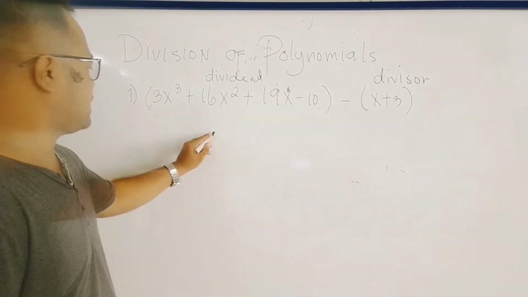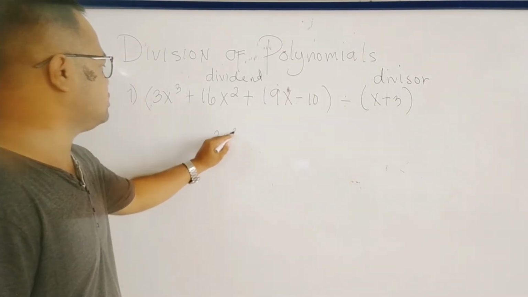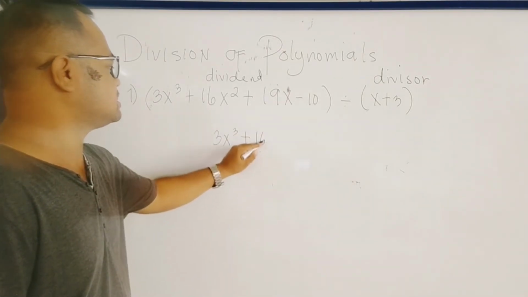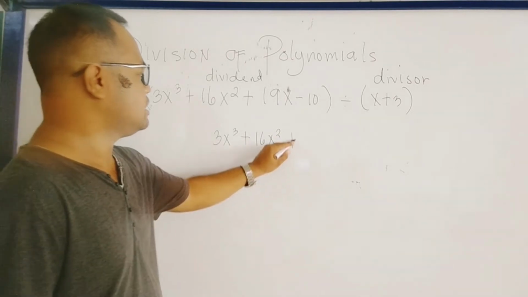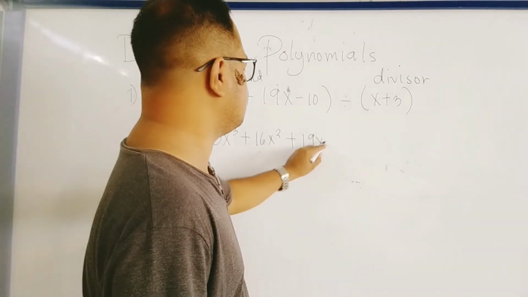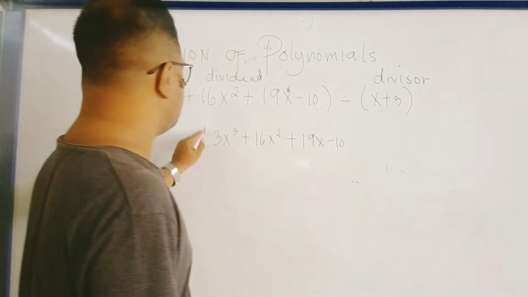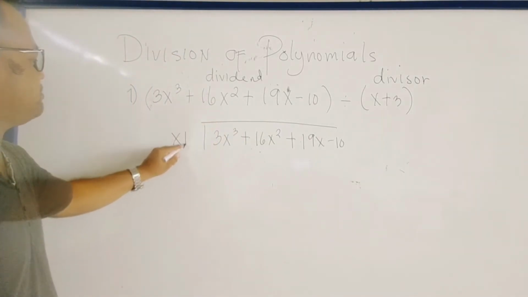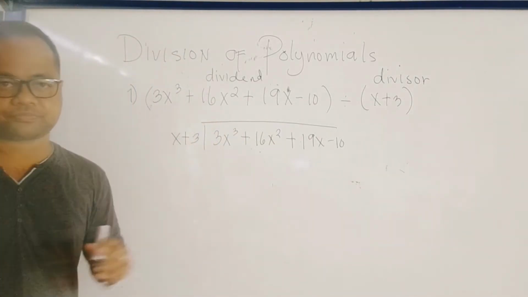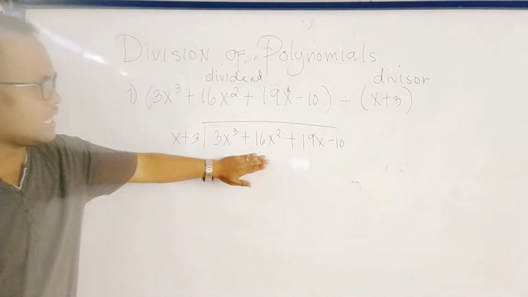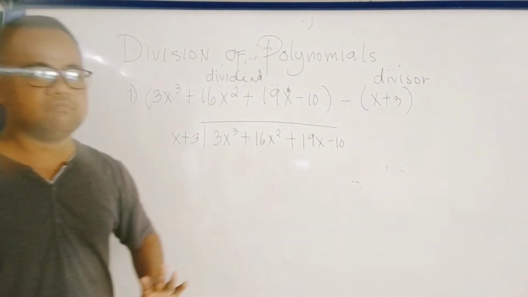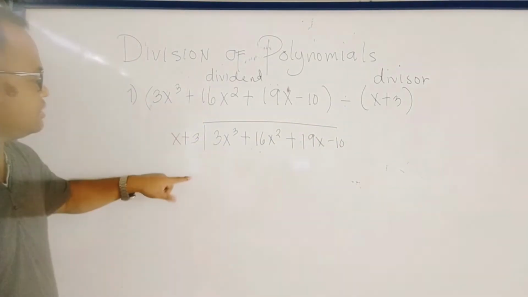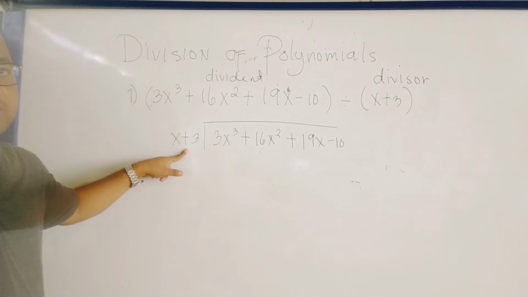You write 3x cubed plus 16x squared plus 19x minus 10 divided by x plus 3. So your dividend is inside the division symbol and your divisor is outside.